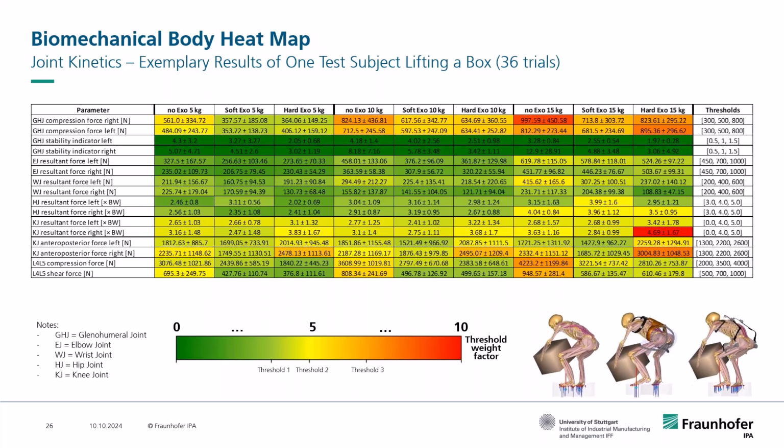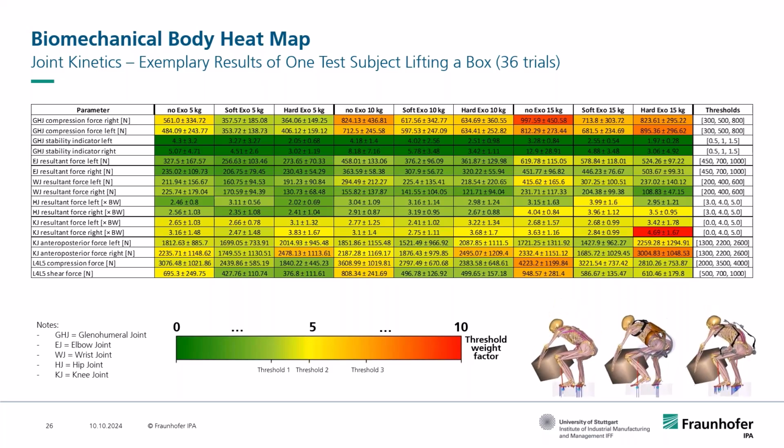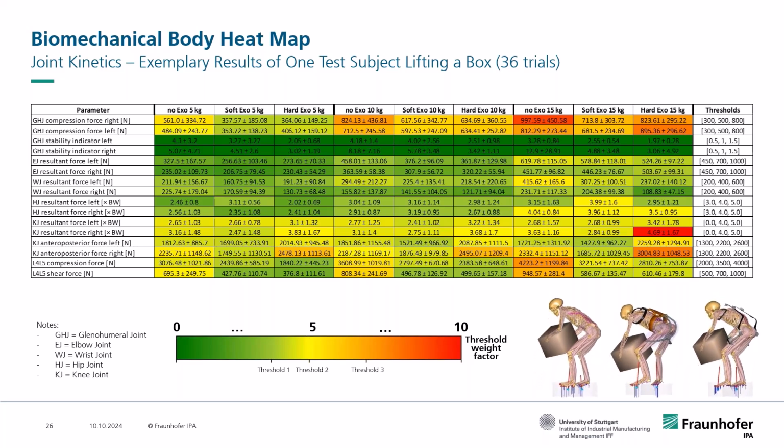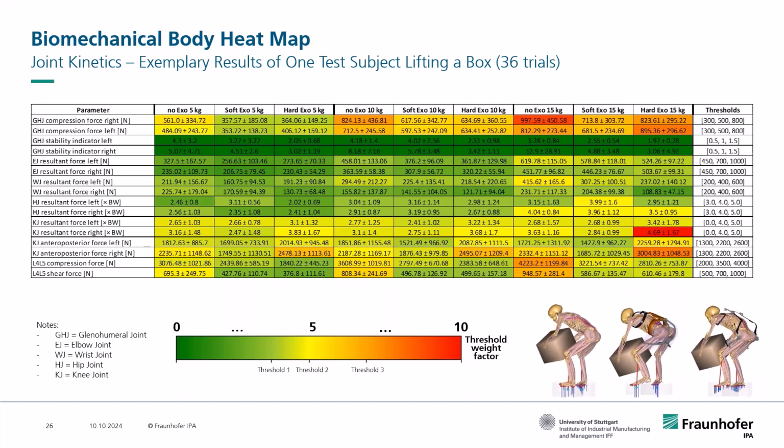We summed up, we listed those kinds of parameters, and those gave us the opportunity to compare the three conditions here, exemplary for the same test subject for 36 trials. And now you get a tool to really holistically check the intended and not intended biomechanical effects.